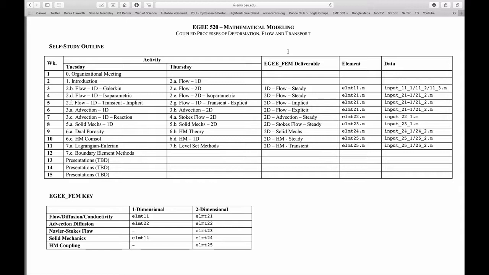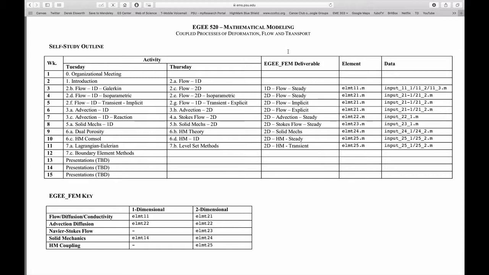Two represents advection, where there's not only diffusion in the water by Fick's law, but also it's advected by the motion of a fluid and carried downstream. Navier-Stokes, in this case, is where inertia is important. Actually, we don't include inertia in the solution we have, but it's Stokes flow, I think, which is 3. And for solid mechanics, using deformation, it's 4.